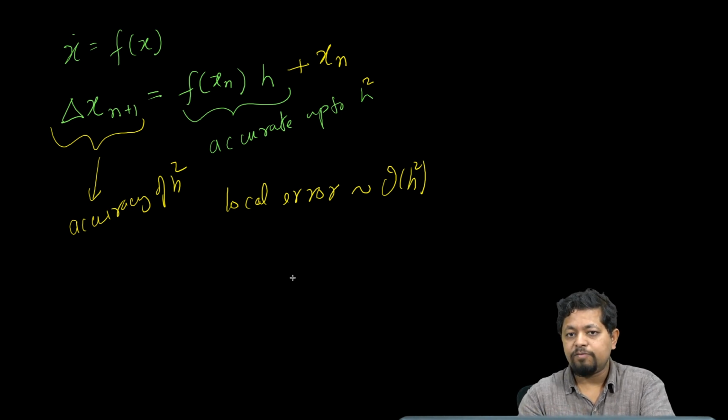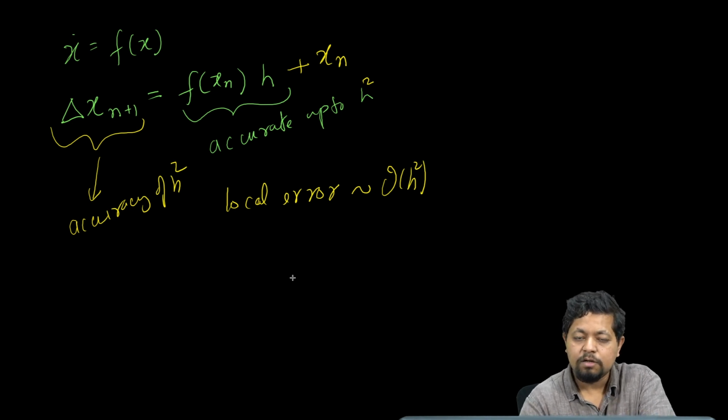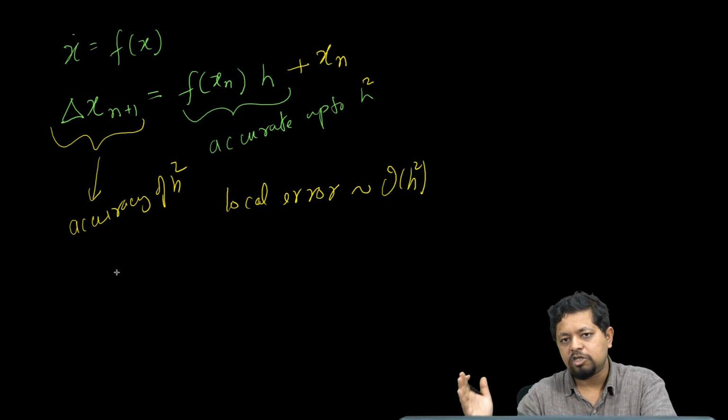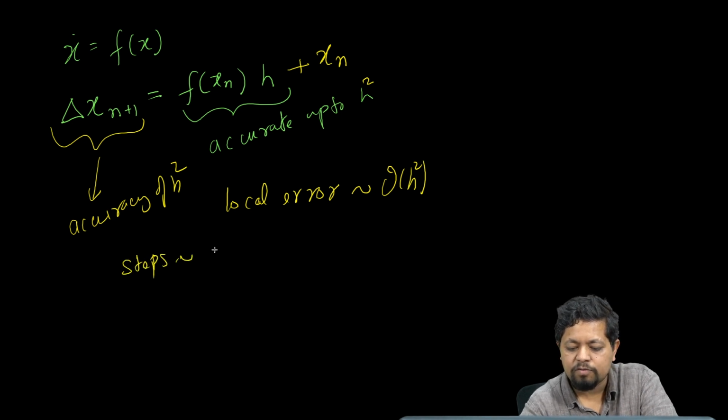Now at each step we are making an error of order h square, but we have to do of the order of n max steps. So by the time we reach the end of the solution, the number of steps involved is of the order of n max.